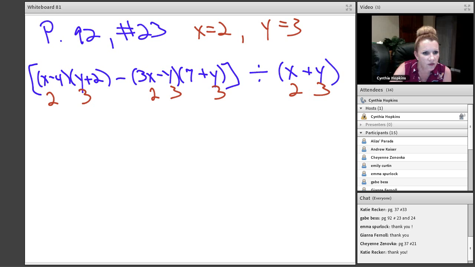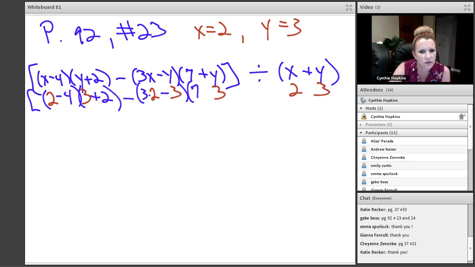So I have a bracket, parentheses, 2 minus 4, close, parentheses, 3 plus 2, close, minus 3 times 2, minus 3, close, 7 plus 3, close, bracket, close, and this is divided by 2 plus 3. I should have been up there, but that's all right.